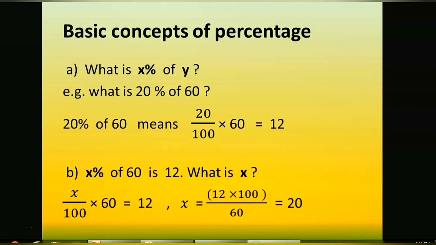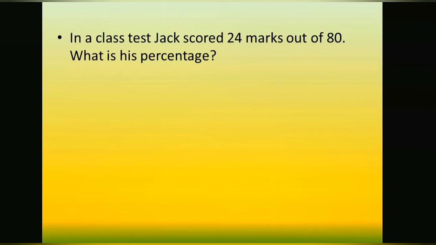Let us see some simple examples to understand these two concepts. In a class test, Jack scored 24 marks out of 80. What is his percentage? So, you want to find out Jack's percentage.